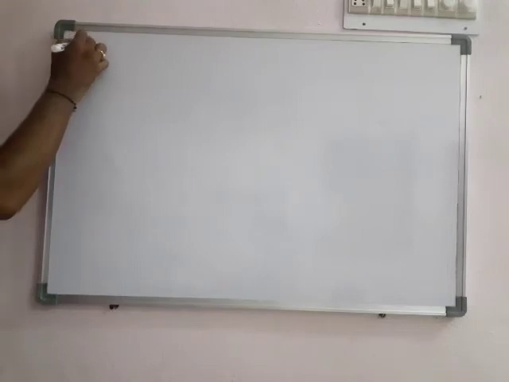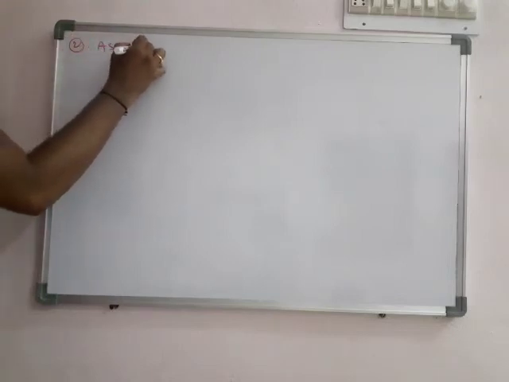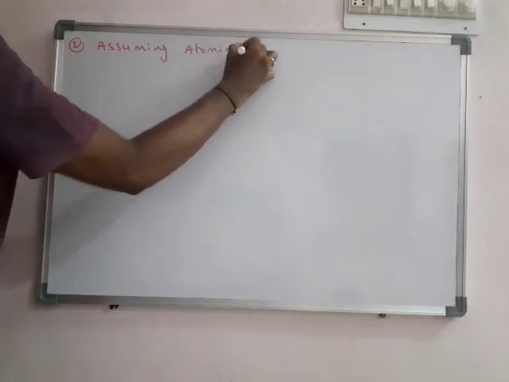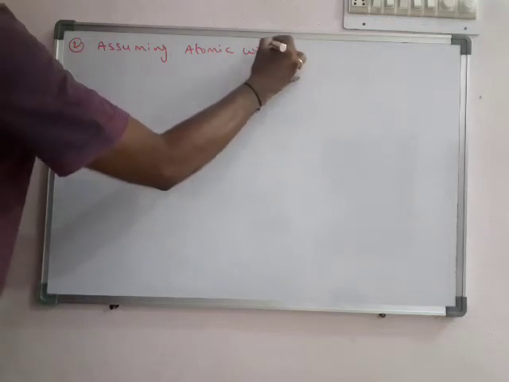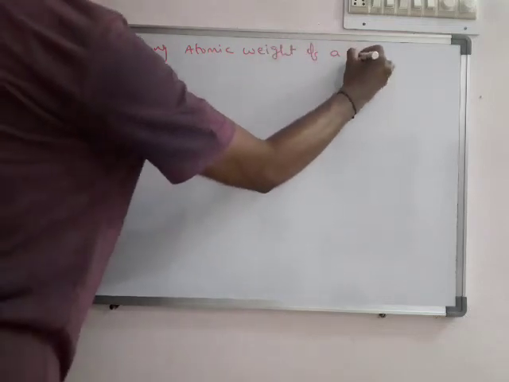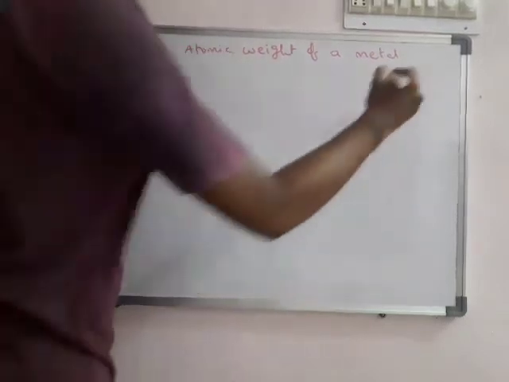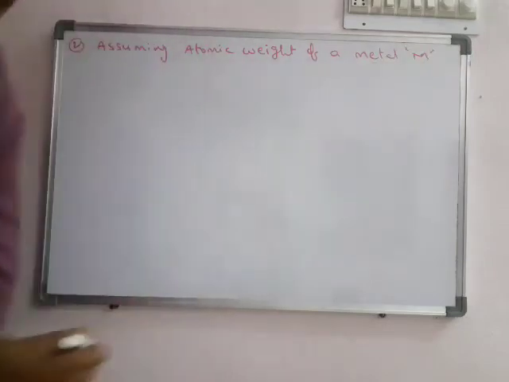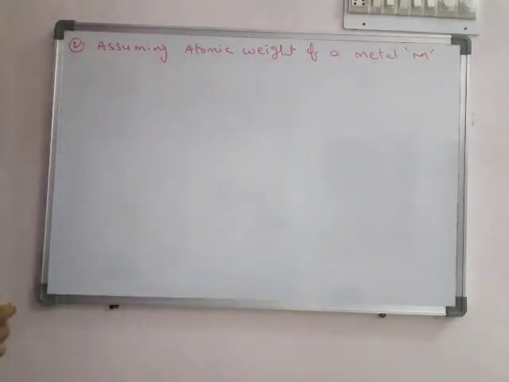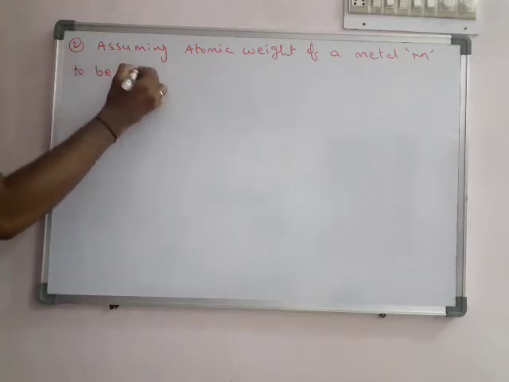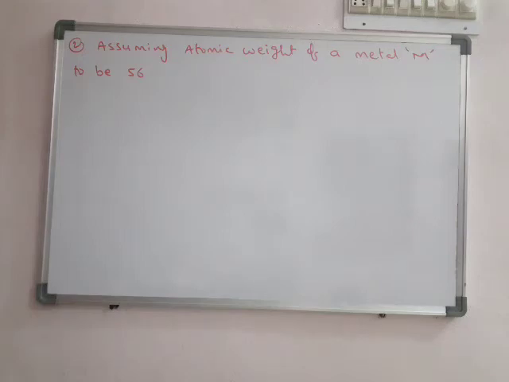Let's take one more problem, assuming the atomic weight of a metal, let's simply take it as M. So metal M to be 56. Okay, an unknown metal is given, its atomic weight is 56.